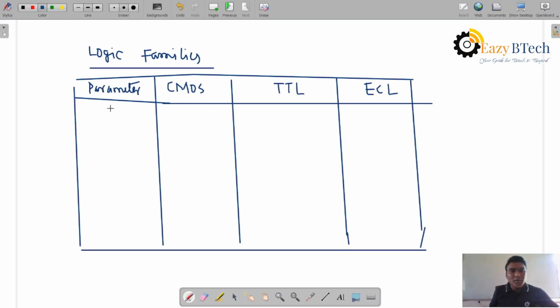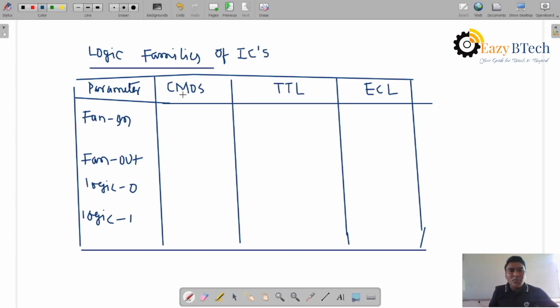First, we see the fan in and fan out, and logic 0 and logic 1. Let us discuss these parameters in the different logic families of ICs.